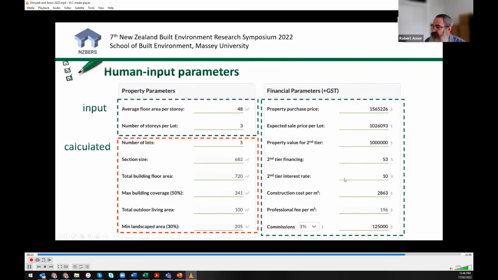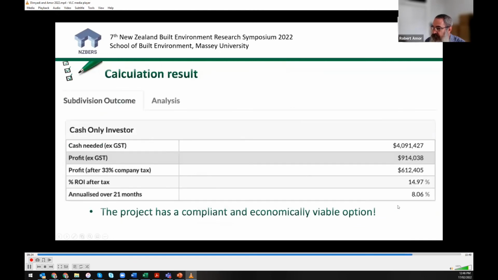We can also look at the financial aspects of it and provide information about what we expect from financing rates and costs, and from that we can get an idea of what the likely return is going to be. And you can see in this case study that it's economically viable to build what we're looking to build on this.